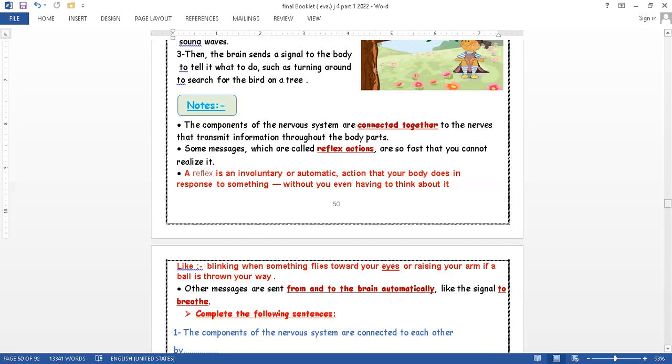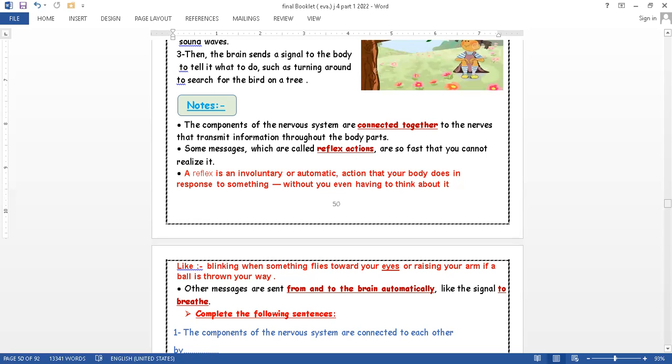Why? Because this action is considered a reflex action, an automatic action. Or raising your arm if a ball is thrown your way, so it also will respond without taking permission or thinking about it. Our messages are sent from and to the brain automatically, like the signals to the teeth.